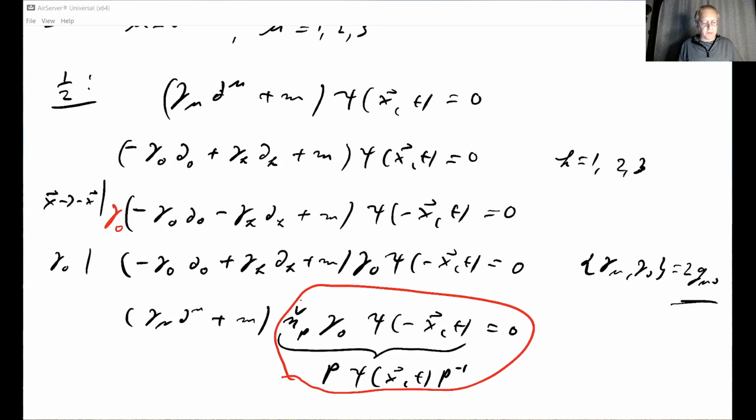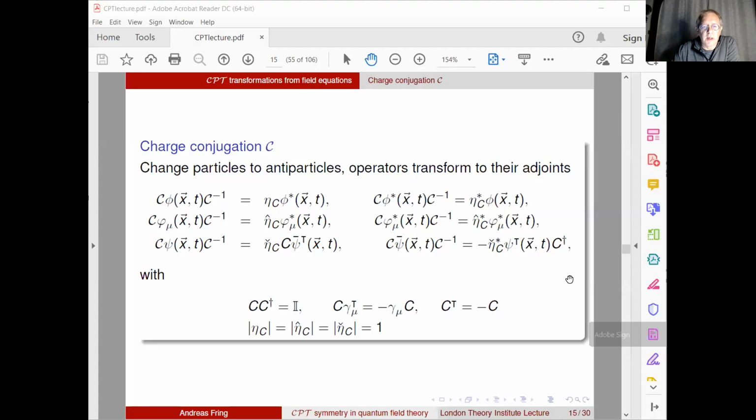So the transformed fields satisfy the same equations. And we can continue now checking also the operator algebra. And we can see that what we stated at the top will ensure that the operator algebra is preserved.